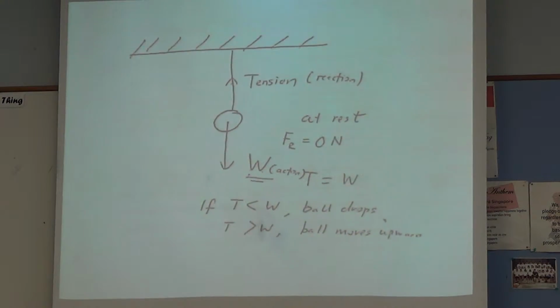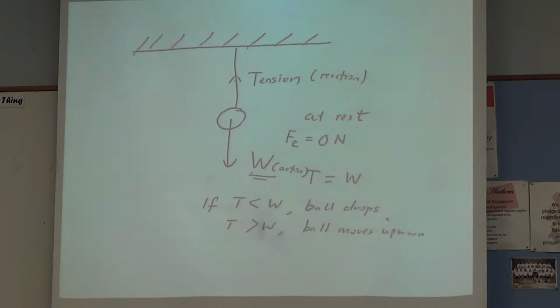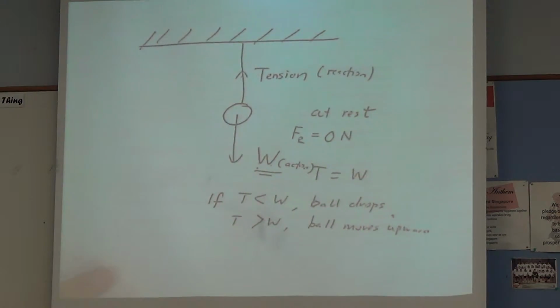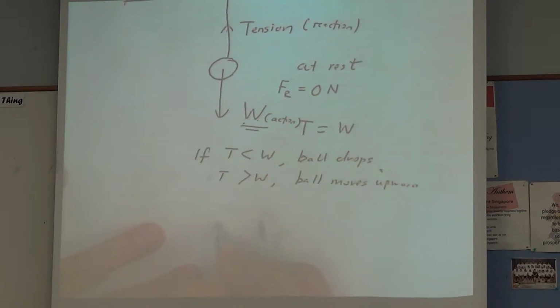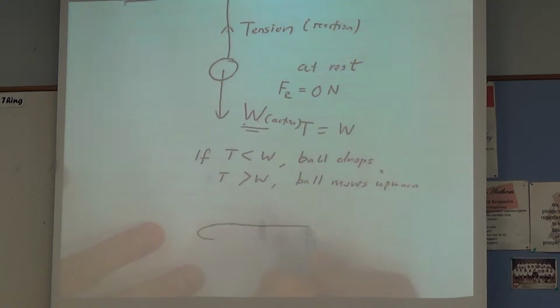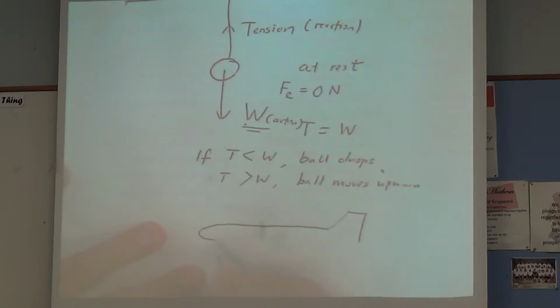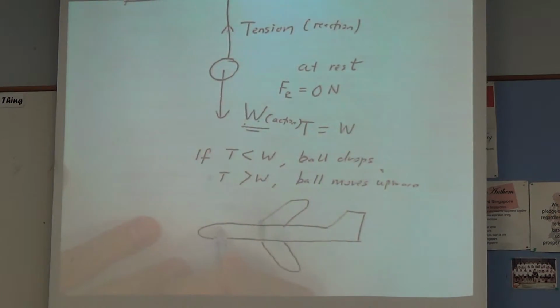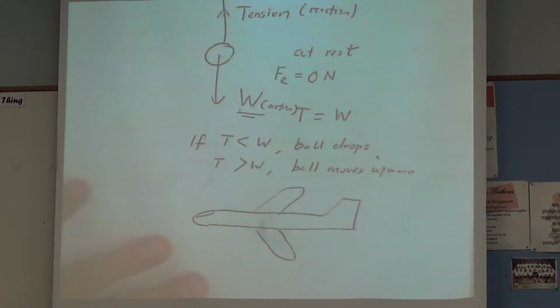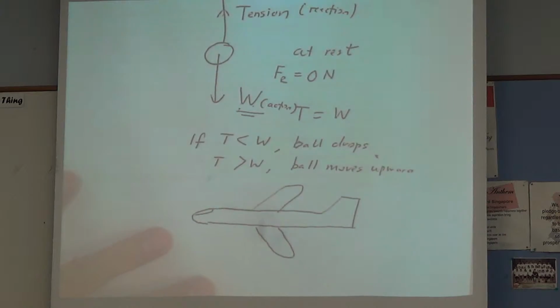Okay, quite simple, isn't it? Almost done. And in my book, we use the idea of an aeroplane. So if I would just draw a very ugly drawing of an aeroplane, from the side view, that means the wings are like up and down.